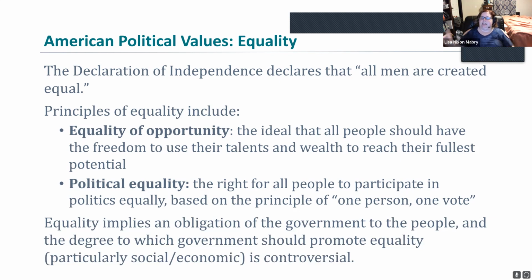Everybody has an equal say is the thought process behind political equality, which they talk about on page 20, if you're following along in your book. So equality implies the obligation for the government to its people, and to the degree in which government should promote equality, in particular social and economic equality. It's a very controversial subject.